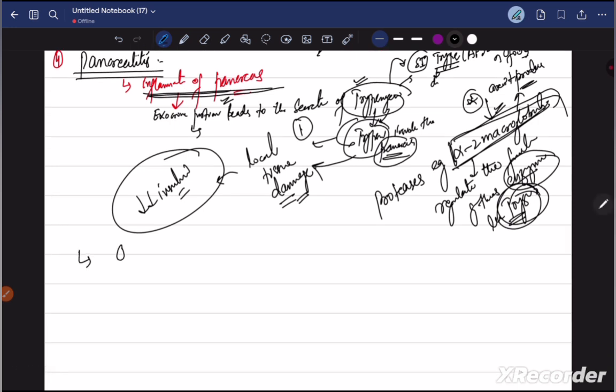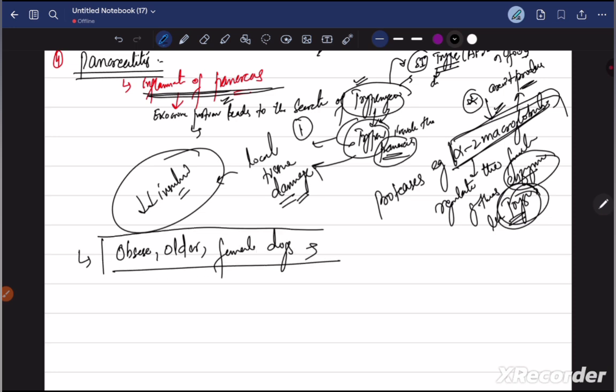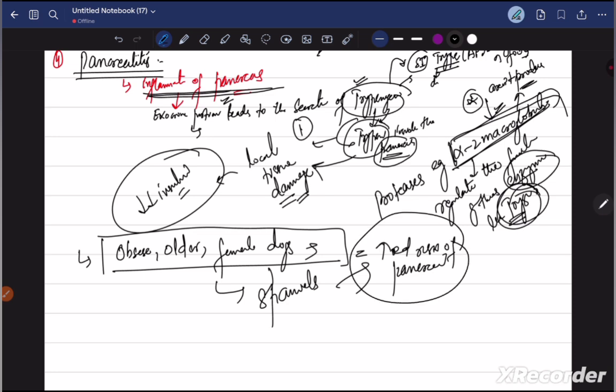Also remember that dogs and cats that are obese, older, and female dogs have been found at increased risk of pancreatitis. And a breed of dog called spaniels is also at increased risk of pancreatitis.